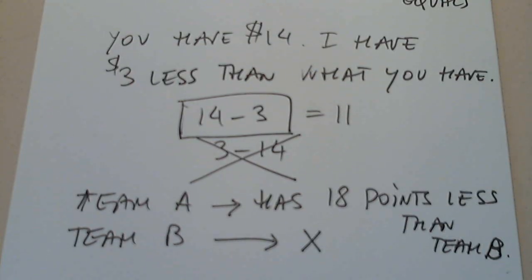So team B has X, and team A has 18 points less than team B. How do I write an expression for the number of points that team A has?